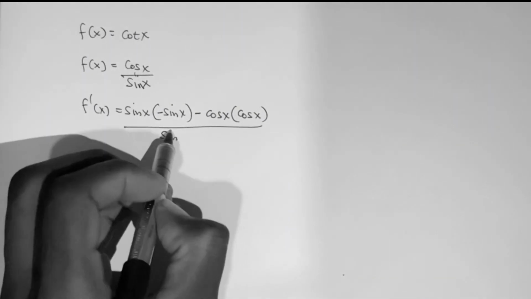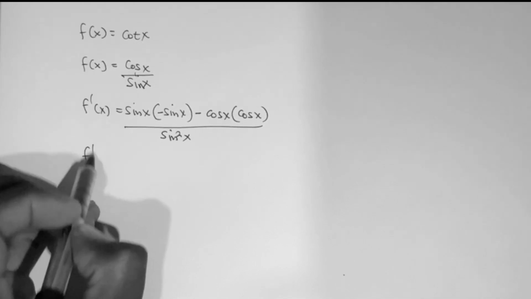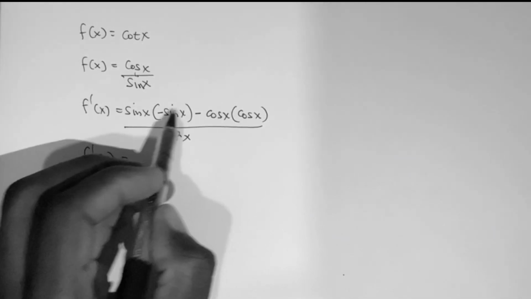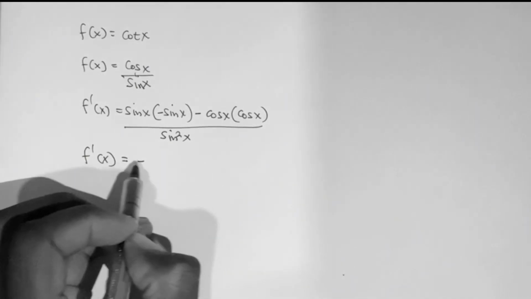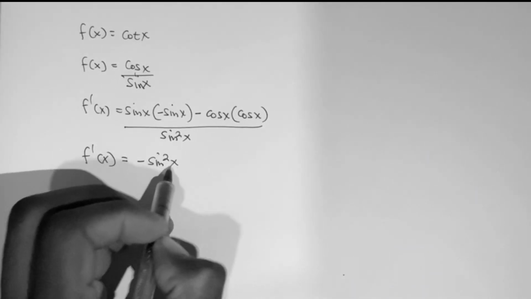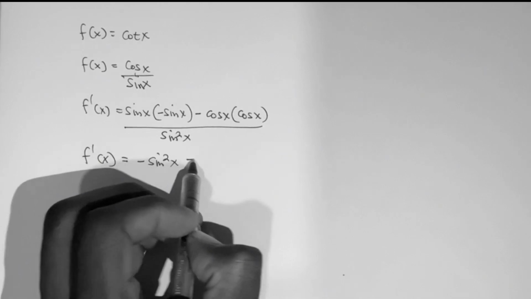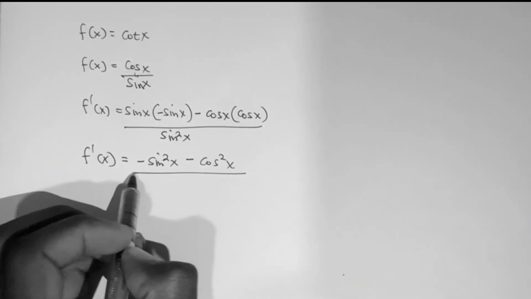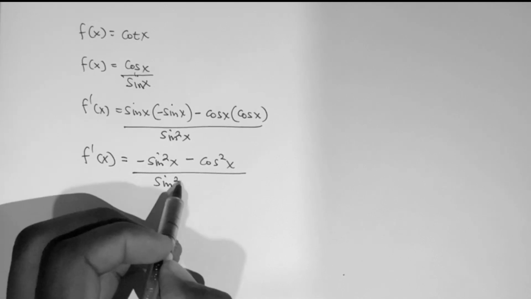is sin squared x. So f prime of x is equal to sin x times minus sin x becomes minus sin squared x, then minus cos x times cos x is cos squared x, divided by sin squared x.